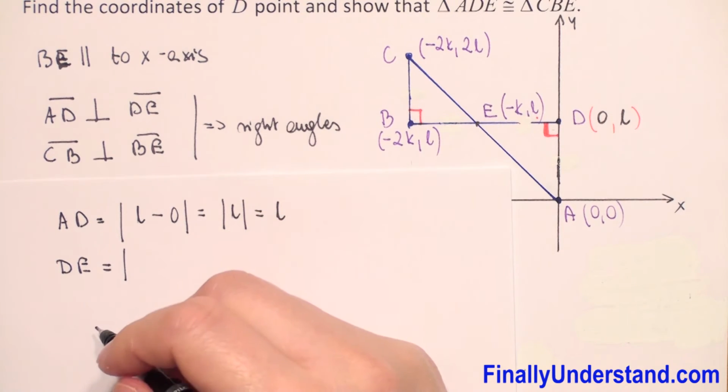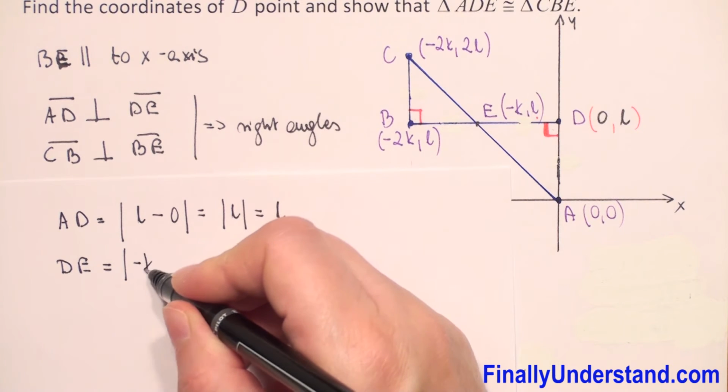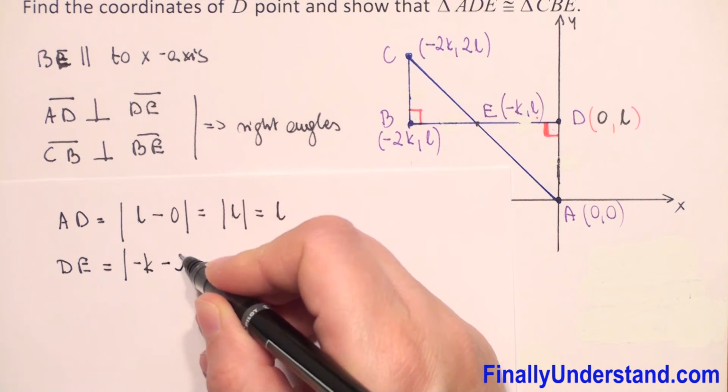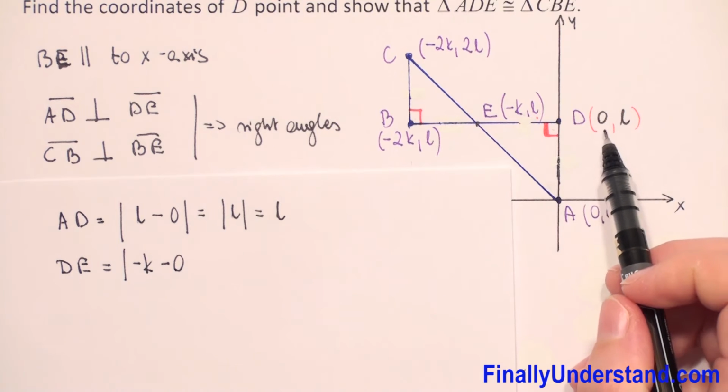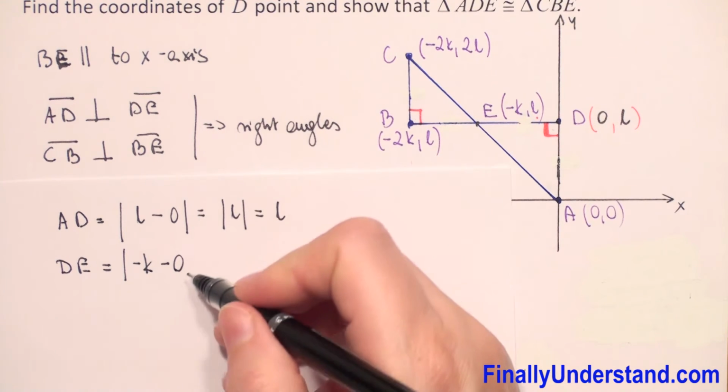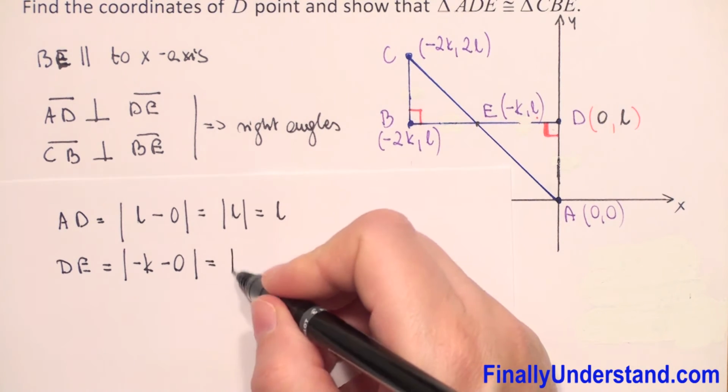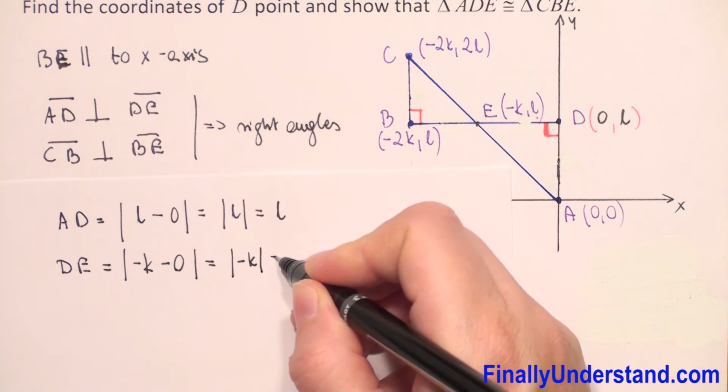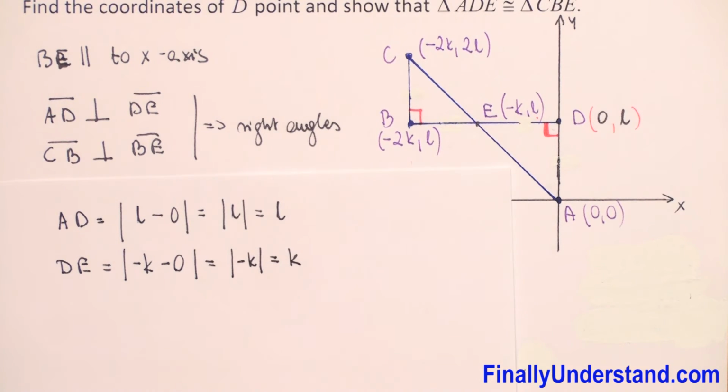So it will be negative k minus 0. The first coordinate of D is 0. So we have absolute value of negative k, so this is k.